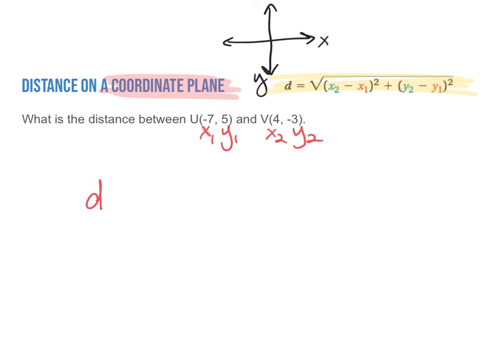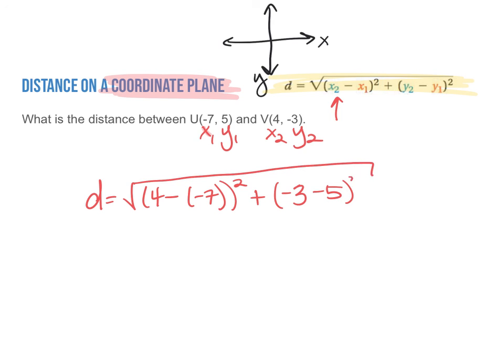So all I'm going to do is just plug in to this formula. So x2 is 4 minus x1, which is -7, and then I'm going to square that. And then y2, -3 minus y1, which is 5, and then I'm going to square that, and take the square root of all of that.